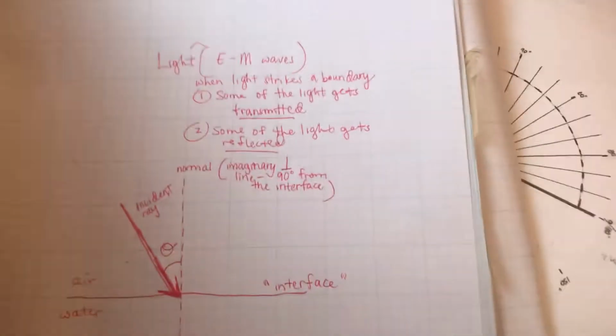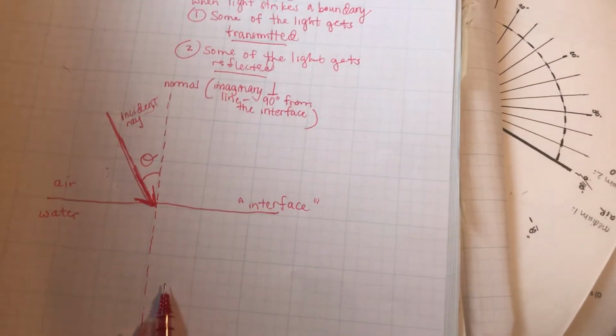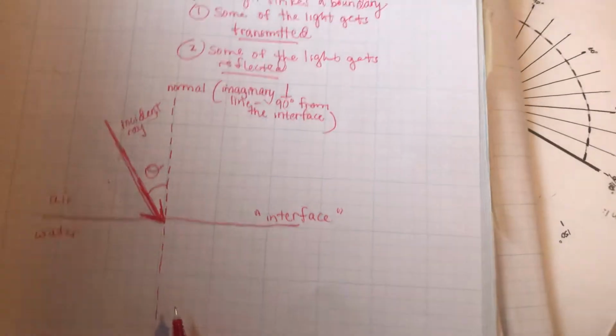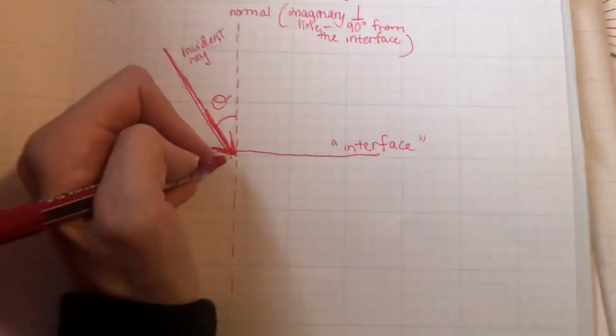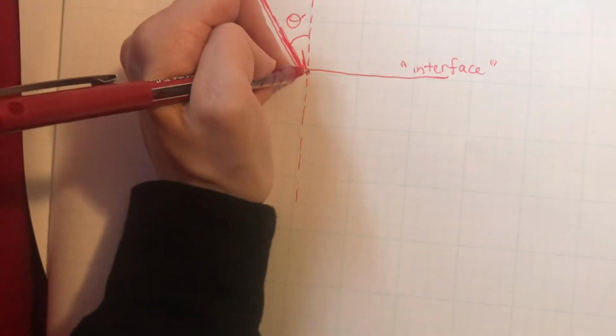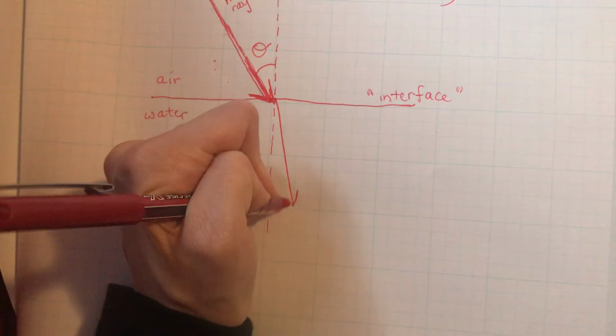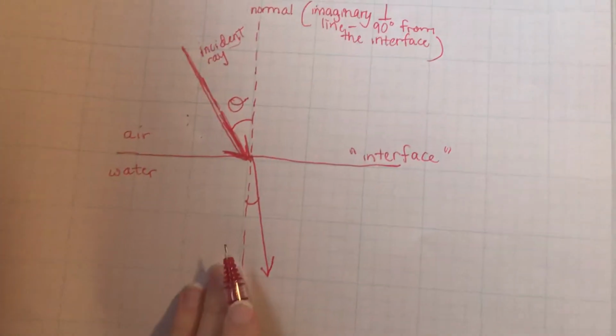So anyway, as I said before, when light strikes a boundary like the one we've shown between air and water, some of the light gets transmitted, meaning some of it's going to pass through into the water. If we're shining that light at an angle, actually what's going to happen is the light is going to bend, and it could bend in either direction. It might bend closer to the normal, like I've shown.